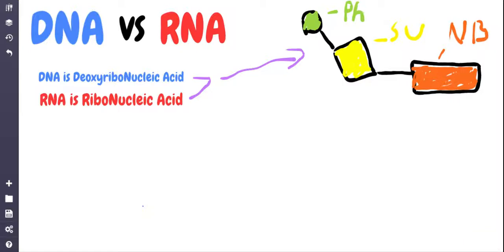They both have phosphate, sugar, and a nitrogenous base. But the difference is that in DNA they run anti-parallel strands, so that looks like a double helix. And in RNA, it's just one single strand, a continuous motion. What makes up the base of DNA and RNA is different, but very similar.